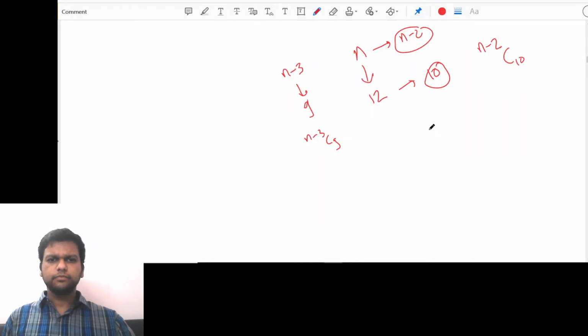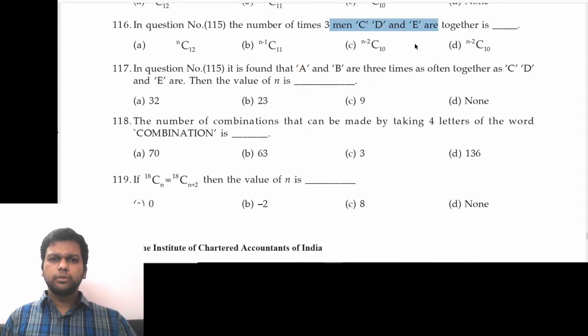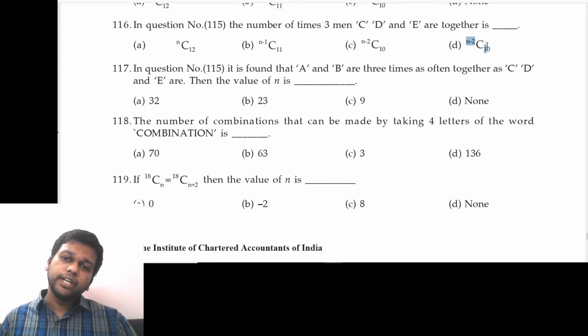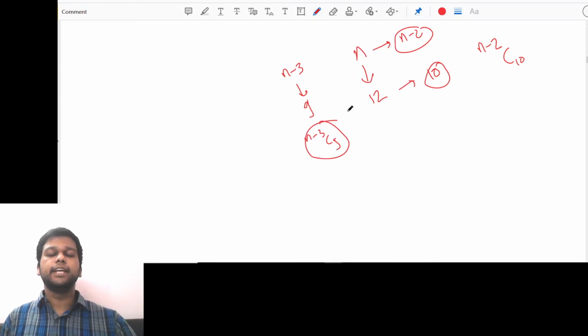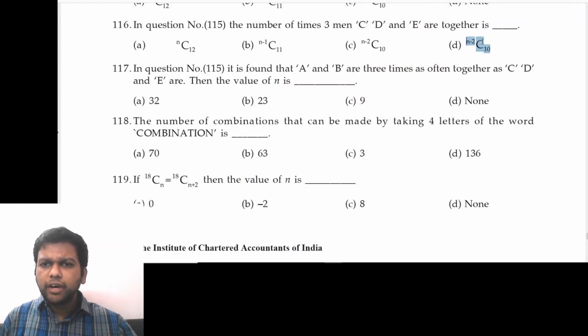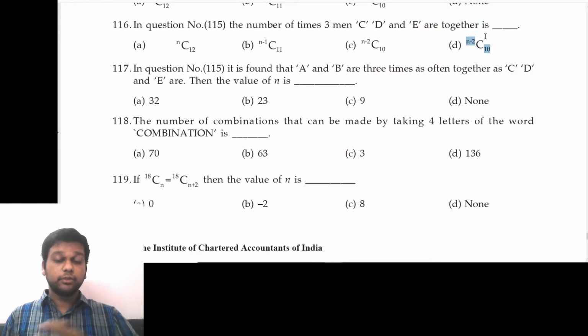Okay, fine. So next. Actually see, there is no none of these option, but C and D seem to be the same. So there is some printing mistake. This option D should have been n minus 3 C9, or none of these. Okay, that will be our answer.